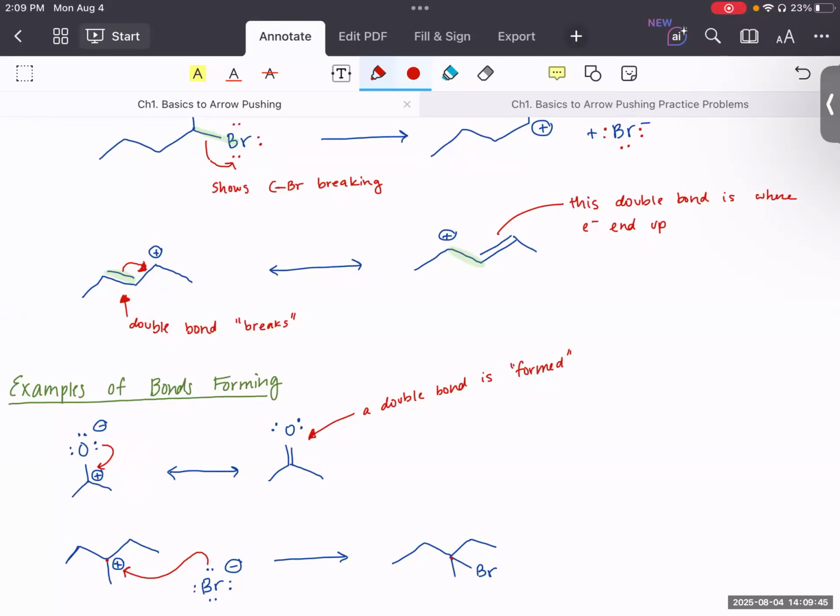And so here we have that one arrow to show the formation of a bond. And actually this example up here also shows the formation of a new bond. It's not just that initial bond breaking, we're actually also forming this bond right here on the right.